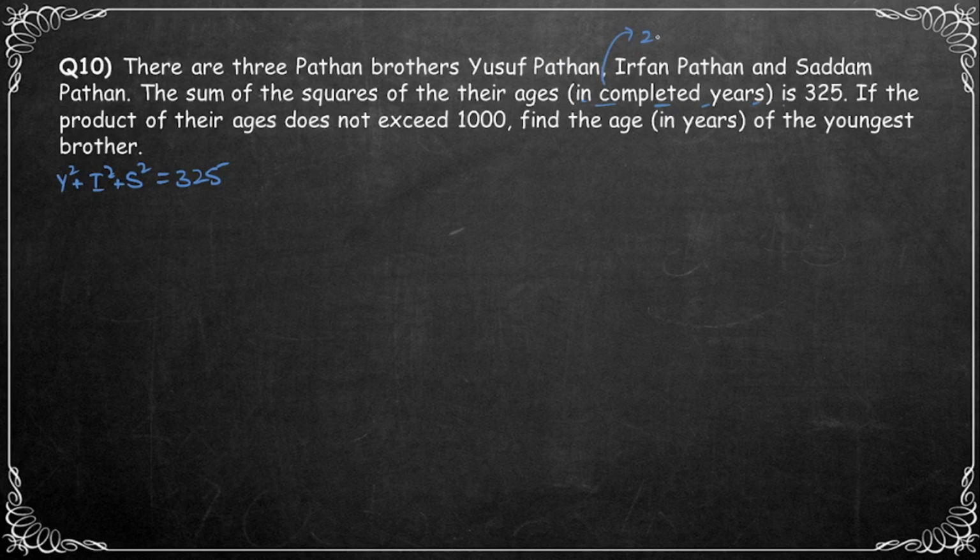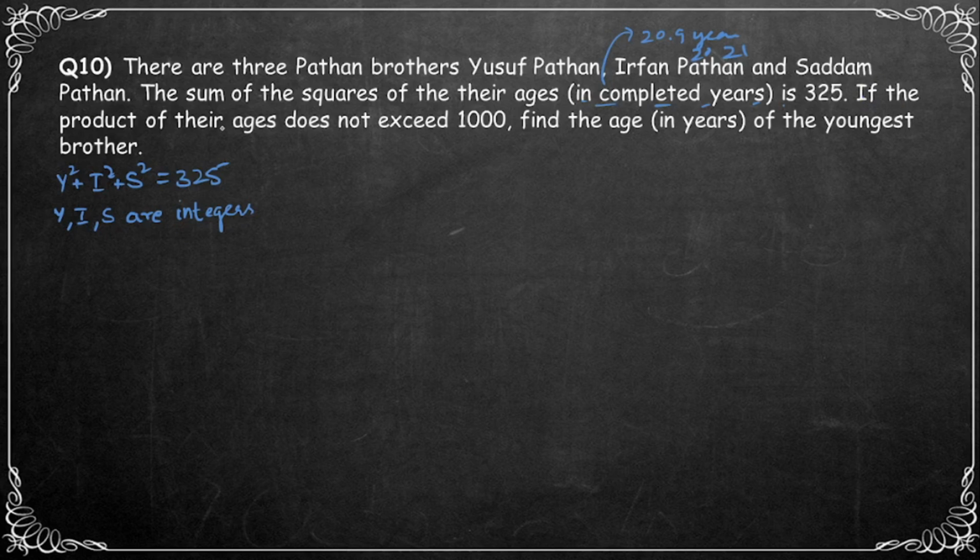So it is not something like 20.9 years. So it is something like 21 years or 20 years in completed years. That means Y, I, S are integers. So exactly to say they are natural numbers, starting from 1 till maybe 110 or something like that.